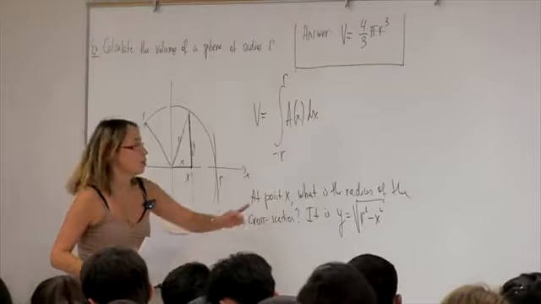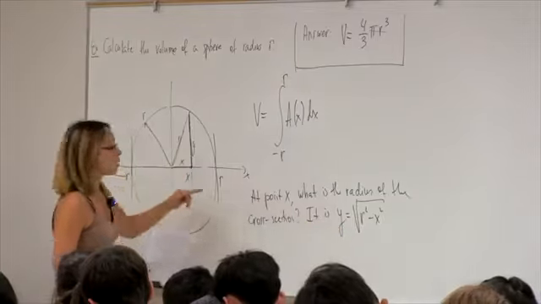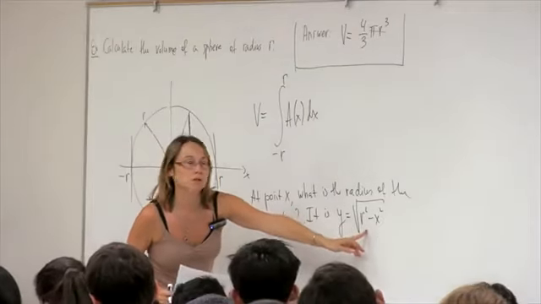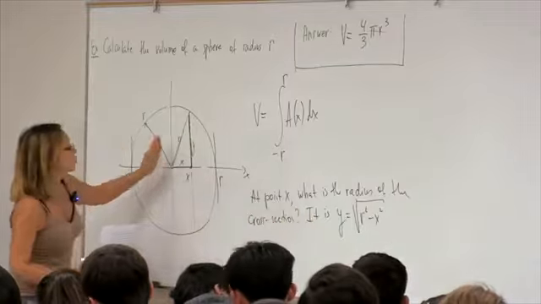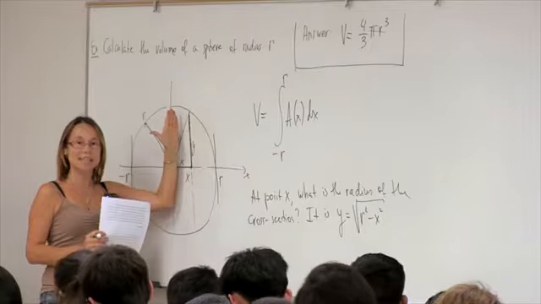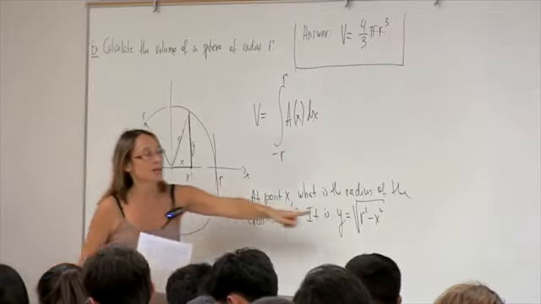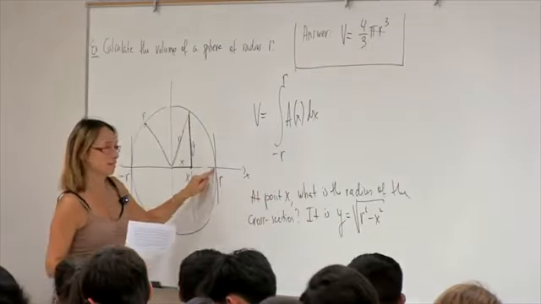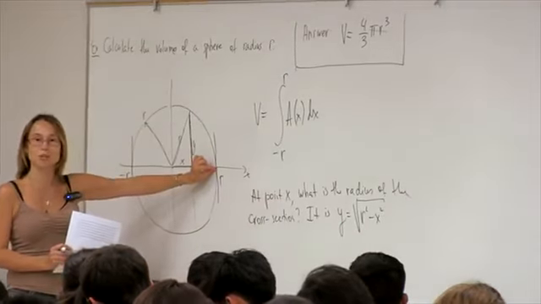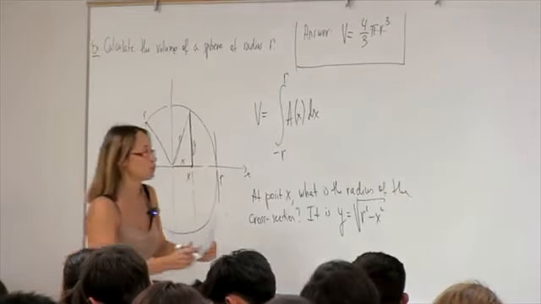For example, when x is 0, what is y? Substitute here: the square root of r squared minus 0, so that's just r. And that's correct. When I slice my sphere in the middle, the radius of the cross section is equal to r. When x is equal to r, I have r squared minus r squared, so the radius of the cross section is 0. That gives me a correct formula.